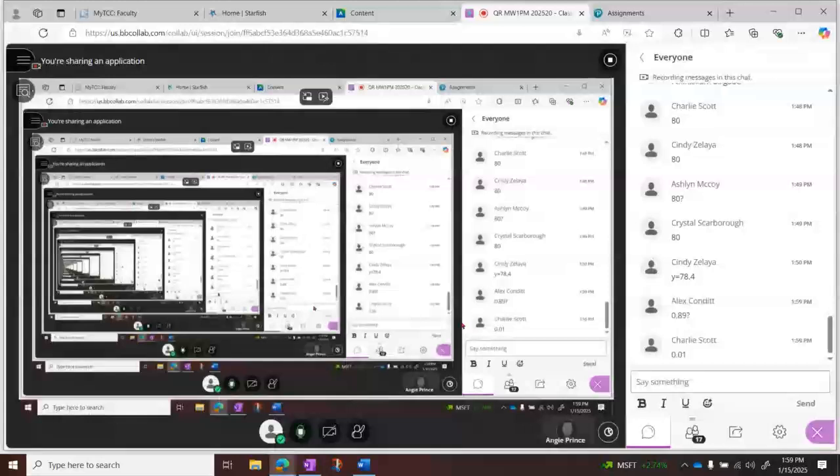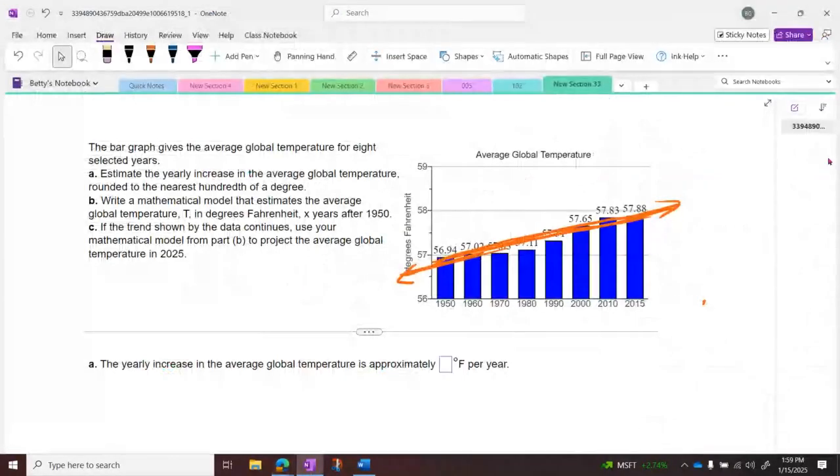Well, I need to work on the numbers to see what we have, okay? So remember, we are looking for the yearly increase in the temperature, right? So let's find the total increase first. From 1950 to 2015, the temperature goes from 56.94 to 57.88.